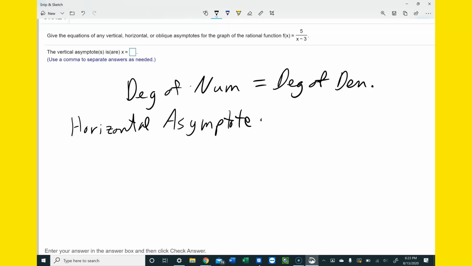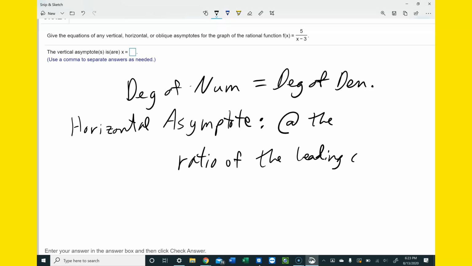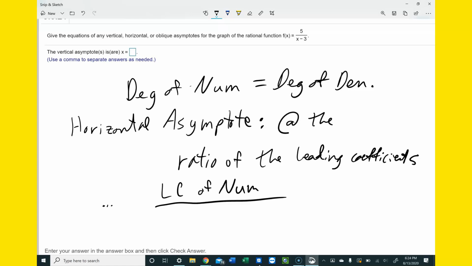And it will occur at the ratio of the leading coefficients. That is to say, the leading coefficient of the numerator divided by the leading coefficient of the denominator.